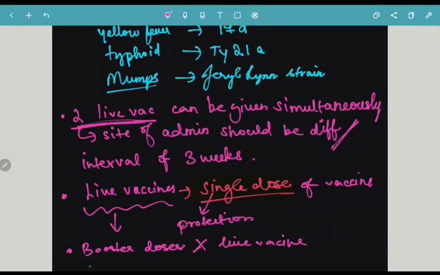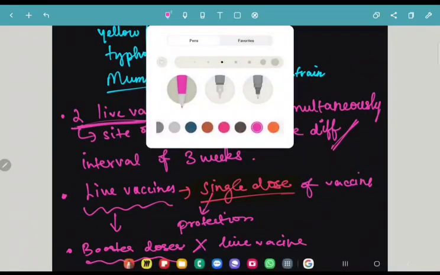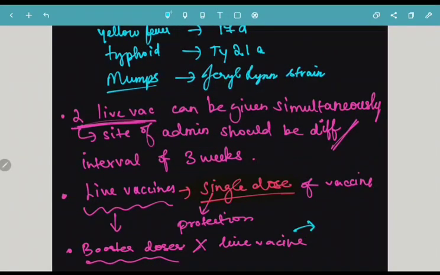Now one exception to this rule, okay. So generally for live vaccines booster doses are not given, but the exception to this rule is oral polio vaccine. Because for oral polio vaccine alone we give one booster. For oral polio vaccine, OPV 0, the birth dose, is given, and OPV 1, 2 and 3 are given at 6, 10 and 14 weeks respectively.